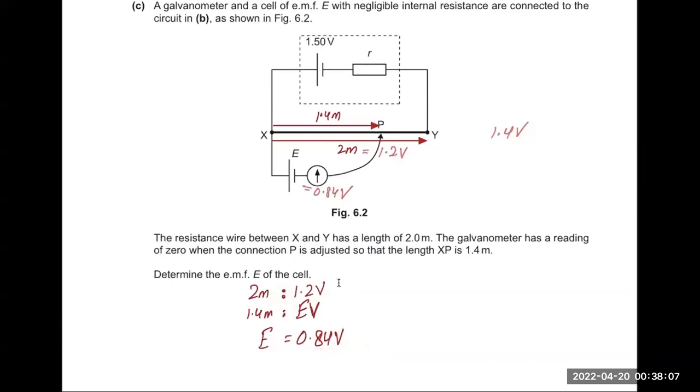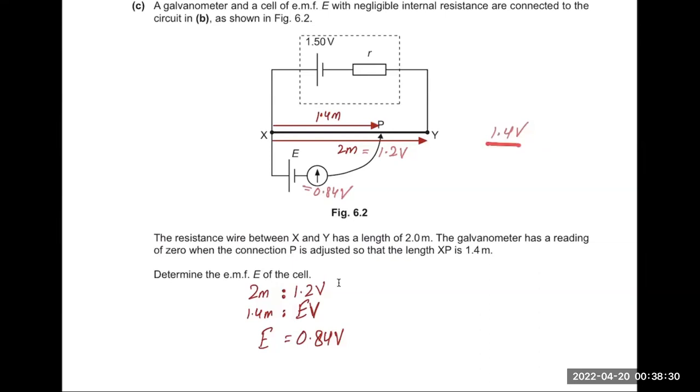Will it be balanced at the same length, or will it be balanced at a shorter length? Now, some of you may be confused. How do we figure that out? The thing is, you assume a value. So I assumed 1.4. You may assume 1.3. You may assume any value.